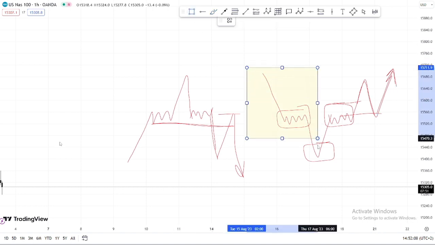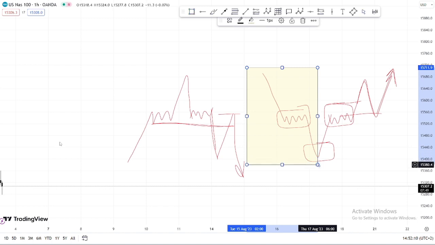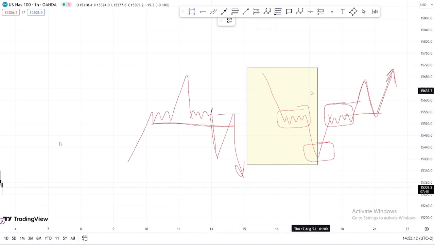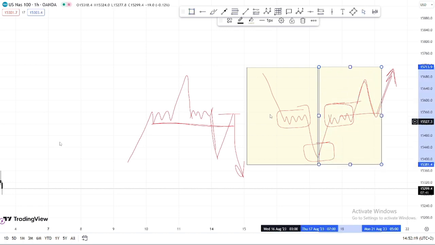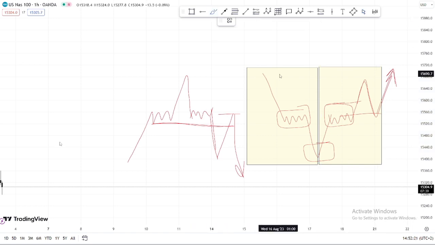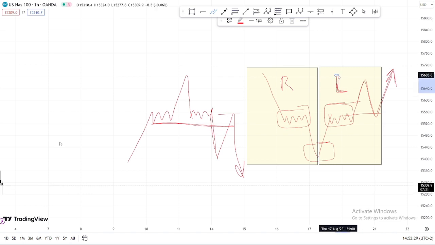Some of you might remember in your maths lessons that they taught you that whatever happens on the right hand side also happens on the left hand side. So this is a mirror image.